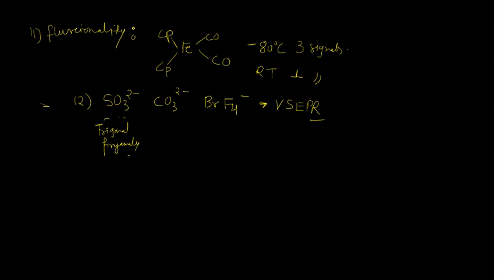And then, okay, I will not solve that particular question. They have given this N2 positive, and they have asked the term symbol for it. The term symbol for this is 2Eg, or you can write 2 sigma g.